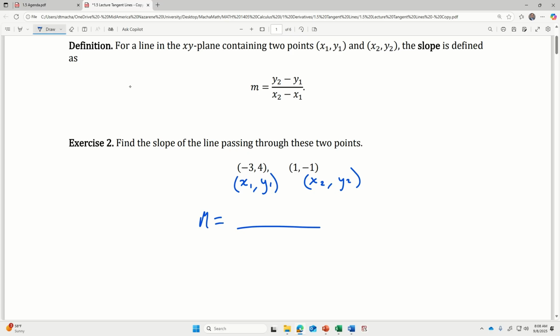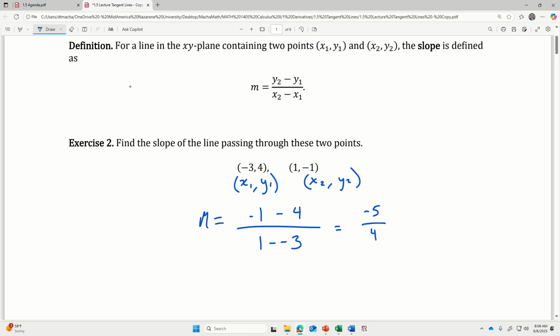And then my formula becomes y2 minus y1 divided by x2 minus x1. So negative 1 minus 4 is negative 5, and 1 minus negative 3 is 4.